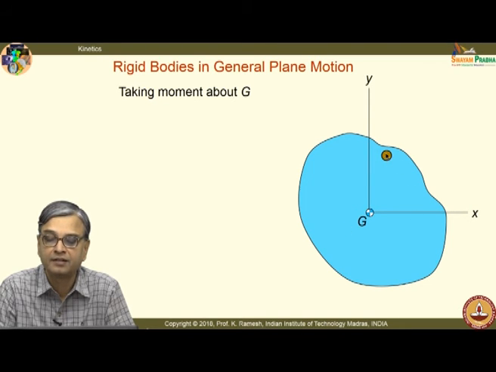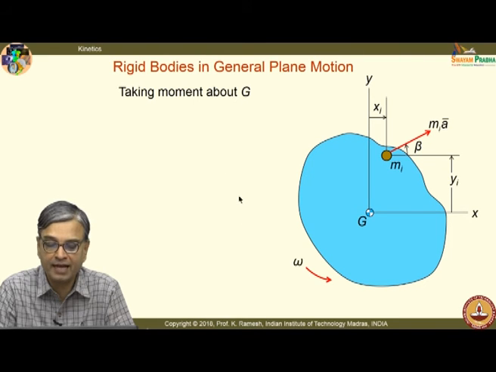I have the representative point, which is located at a distance of yi and xi like this, and the mass point is put as mi, saying that it is a generic point, and I have the acceleration of this as mi a bar, and I have the force which is put as mi a bar, and this body has an angular velocity as well as the angular acceleration, and I have this as alpha.